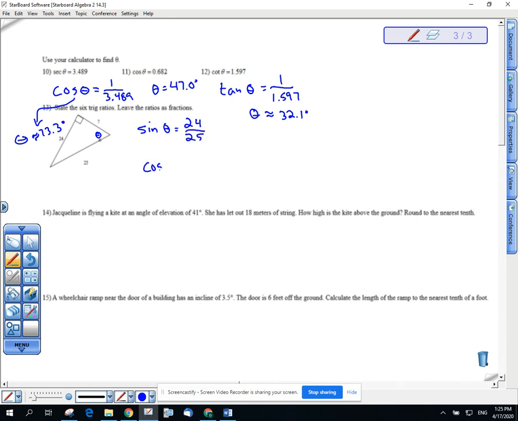The cosine of theta would be adjacent over hypotenuse, 7/25. The tangent of theta, opposite over adjacent, is 24/7. Then quickly from that, we can find the cosecant of theta to be the reciprocal of what the sine was, so 25/24, and so on.